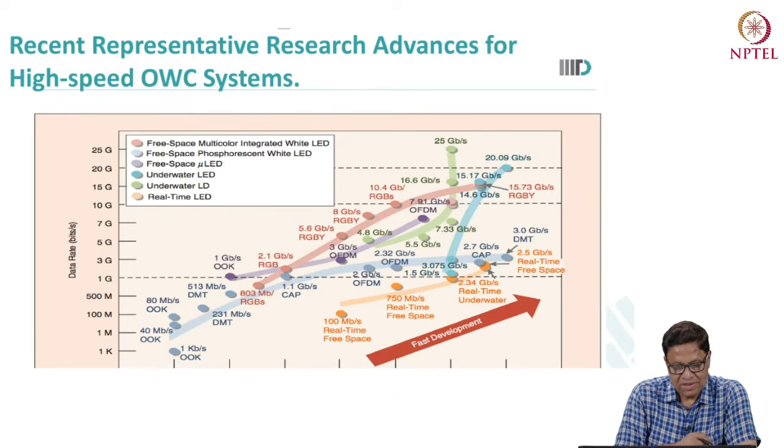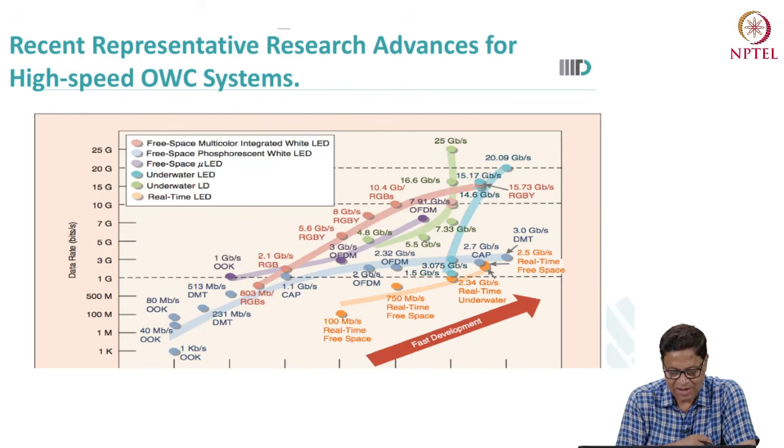So this is in brief about the different topics I'm likely to cover during this course. And before I close, just to give you some information about what kind of systems have been experimentally built. This view graph tells you different types of systems which have been designed, and there has been significant progress in the last 4 or 5 years.